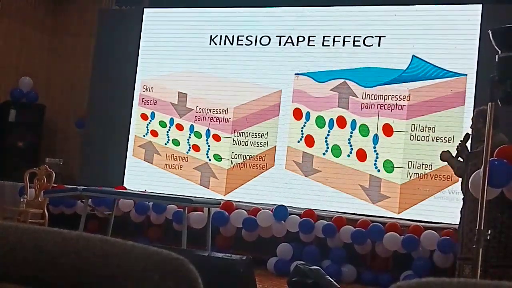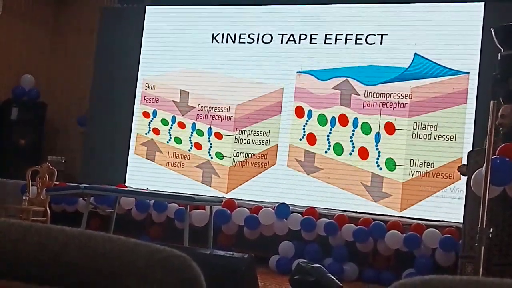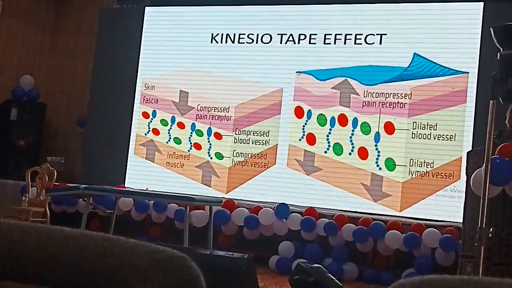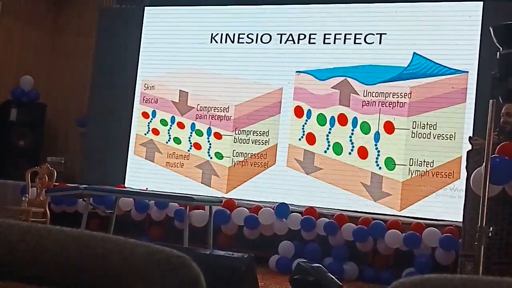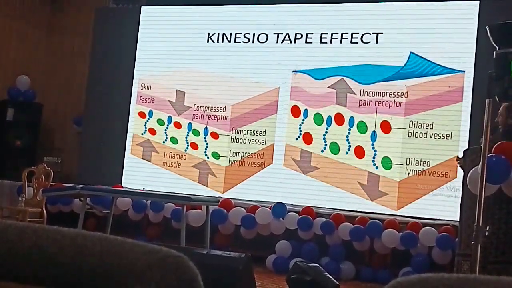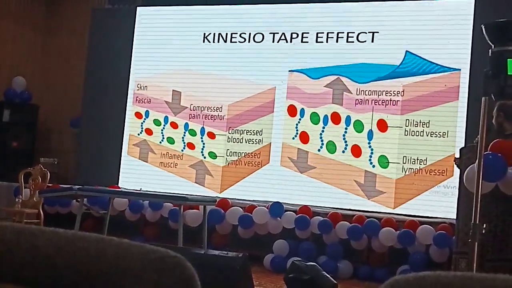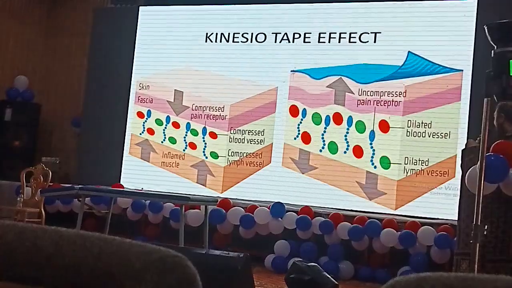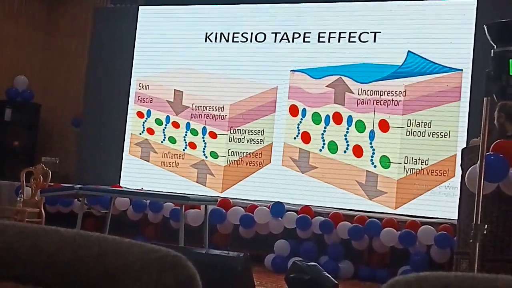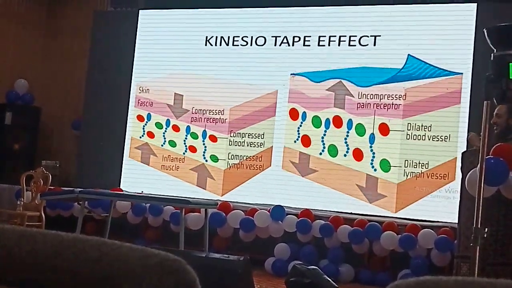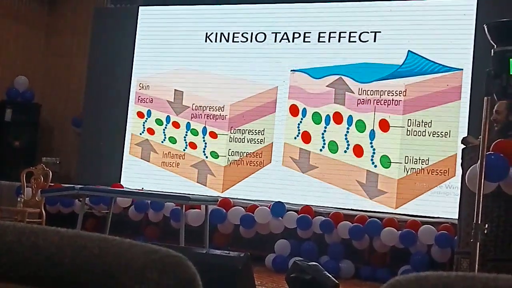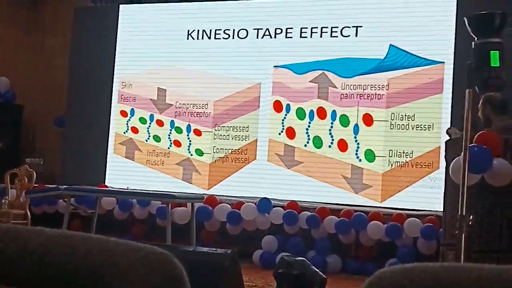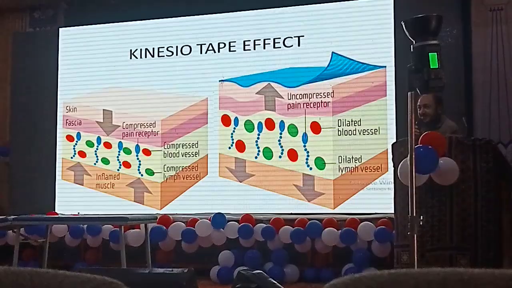But on the right-hand side, if you put the tape on, it lifts the skin and uncompresses the receptors. It dilates and increases the diameter of the vessels, and the lymph vessels will also be dilated, and it reduces the compression on the inflamed muscles.